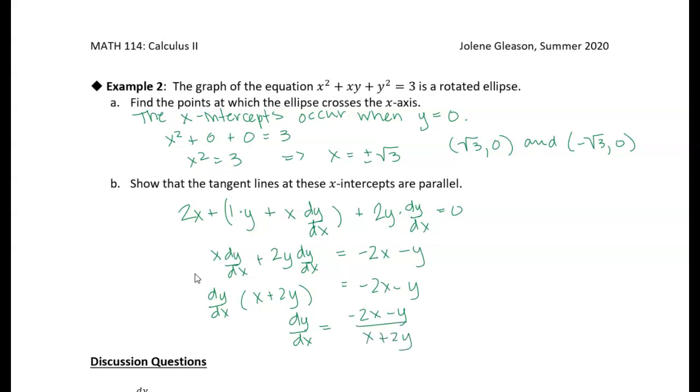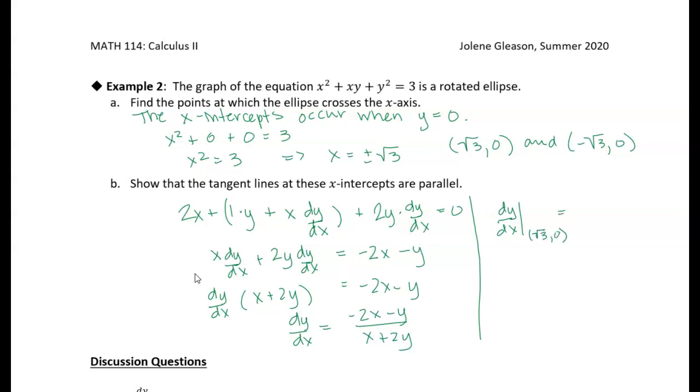All right, so there's our derivative. And now we want to find the slope at these 2 points that we found in part A. So let's do that over here. So dy dx at, let's start with square root 3 comma 0.